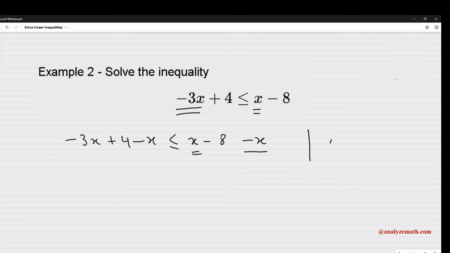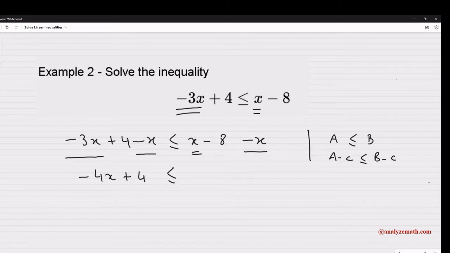Again, I have used the property: a less than or equal to b, a minus c is less than or equal to b minus c, both sides. Now let's simplify. These are like terms. Negative 3x minus x gives me minus 4x plus 4.